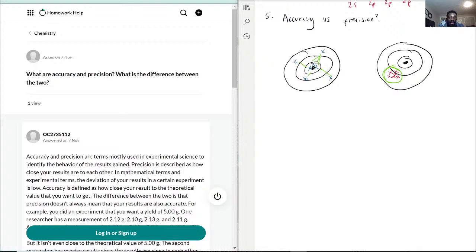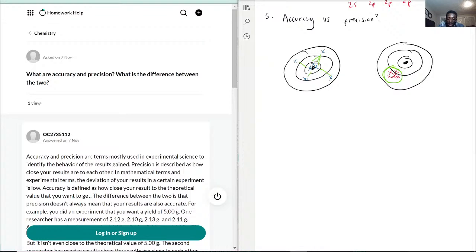But some of your classmates might have 90, 95 degrees. Some might have 102 degrees. The more you have at the actual 100 degrees, the more accuracy you have.